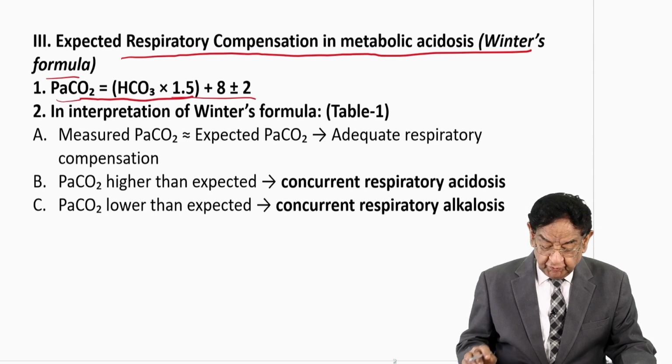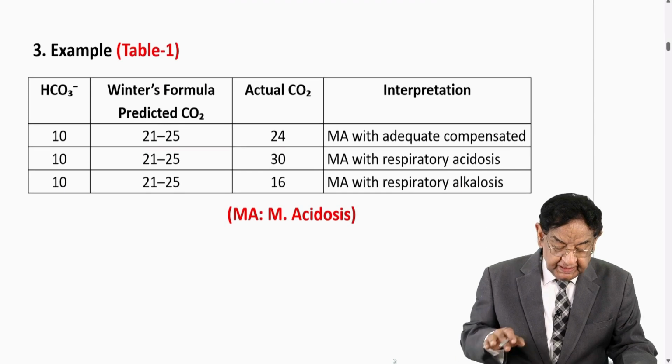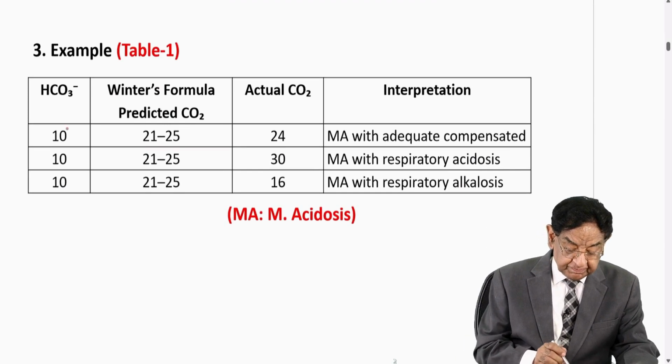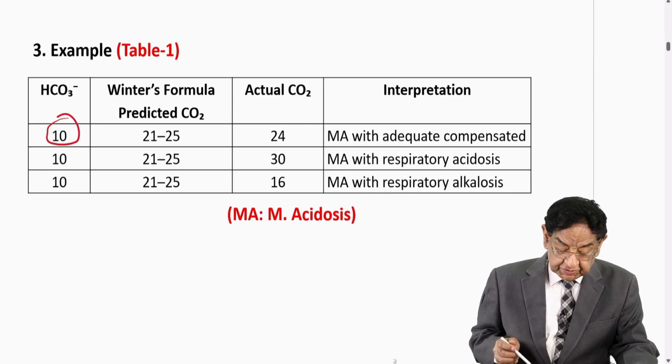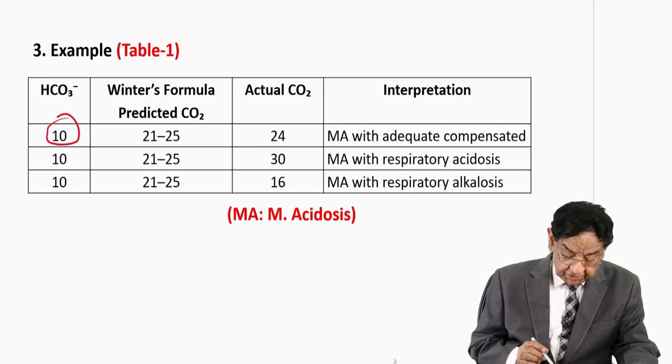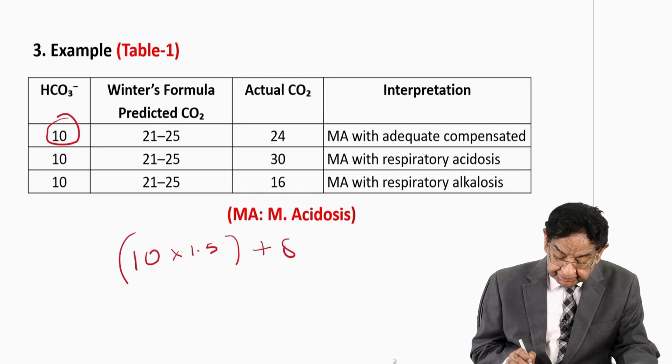Okay, now what is this? Let me show you a beautiful table. Now we have a case of metabolic acidosis, bicarb is 10. If I use the Winter formula, bicarb 10 multiplied by 1.5 plus 8, plus or minus 2.